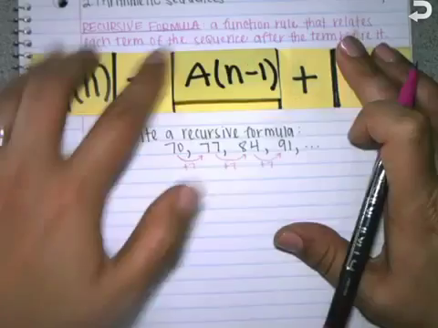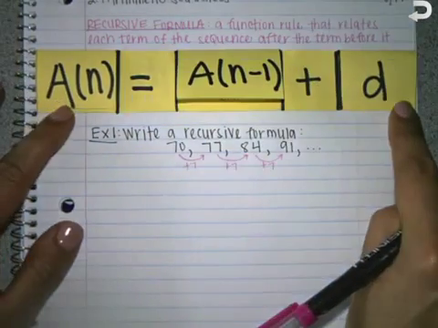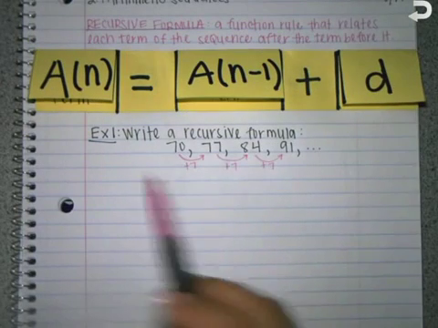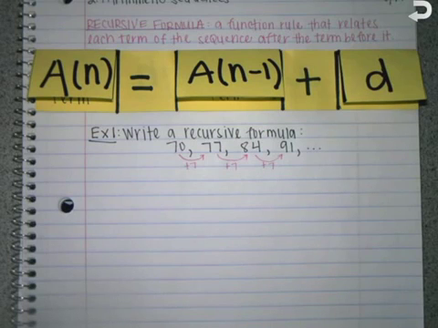So then we're going to use the recursive formula to write a formula specifically for this sequence. Now here's the thing. With a recursive formula, we can't find the next term unless we know what the previous term is, right? But if I just give you the formula without giving you the previous term or a starting term, it's not going to help us at all.